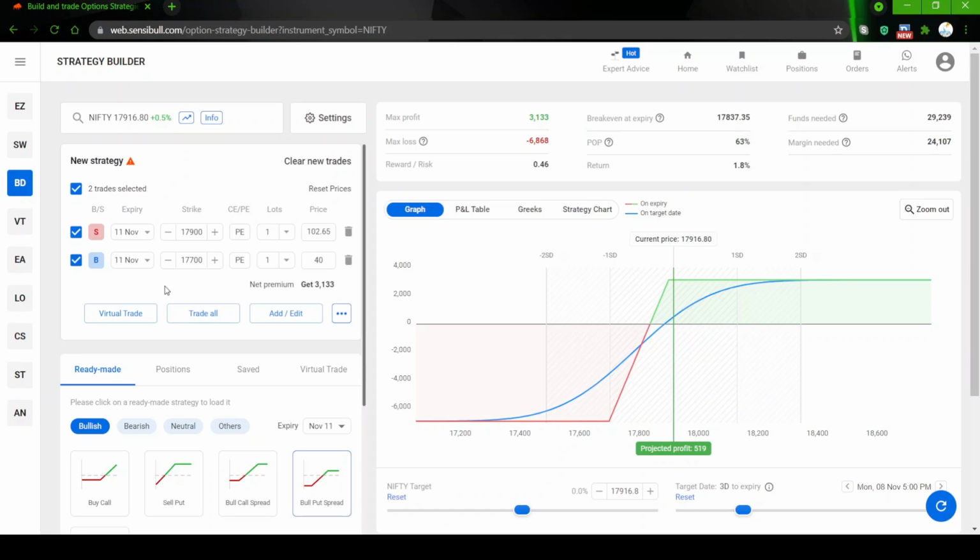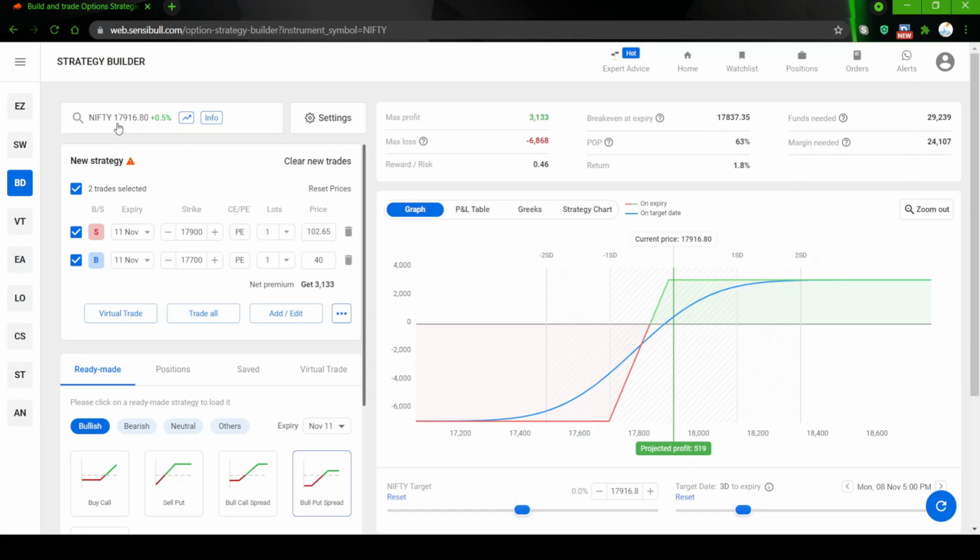Bull call spread being a debit strategy, we are going to pay money for taking the positions, but in a bull put spread we are going to collect money to take the positions. With a credit spread, we have a maximum loss higher than our maximum profit, but the probability of profit is quite high because the break evens are quite low.